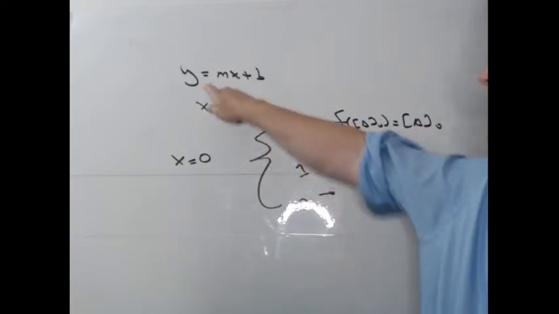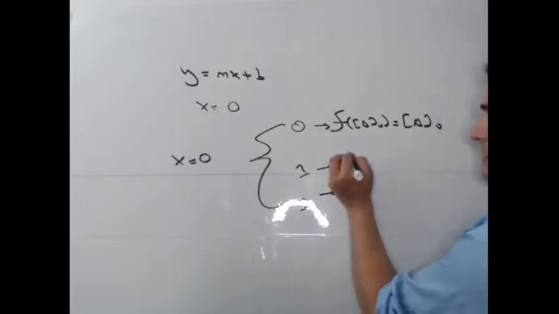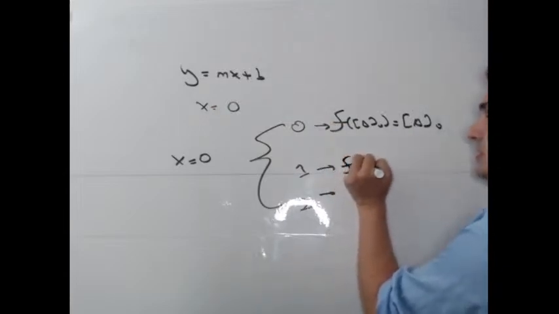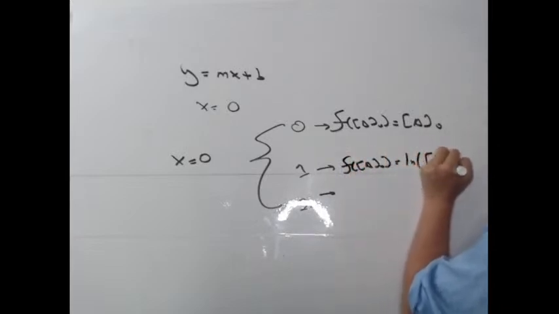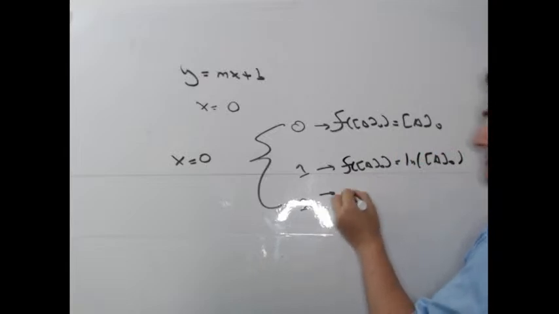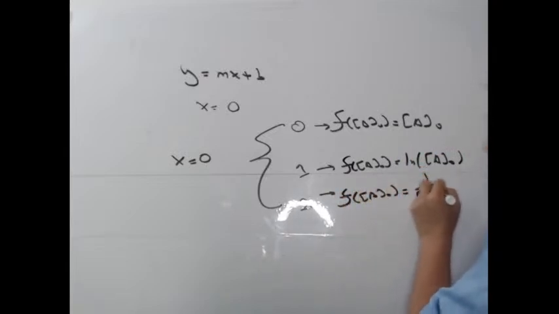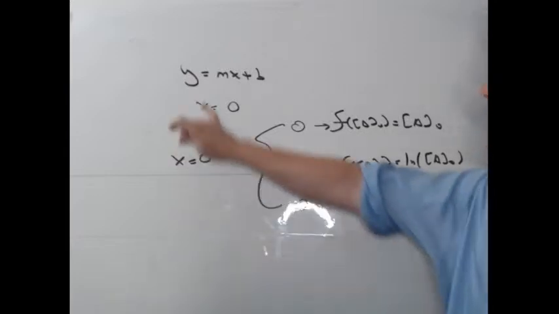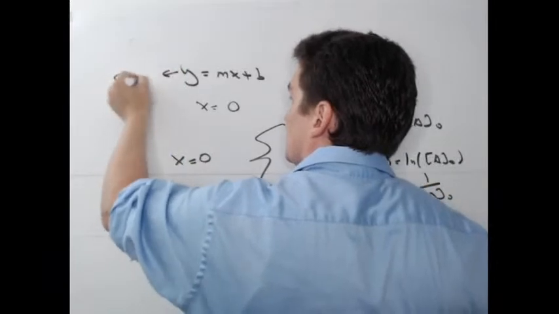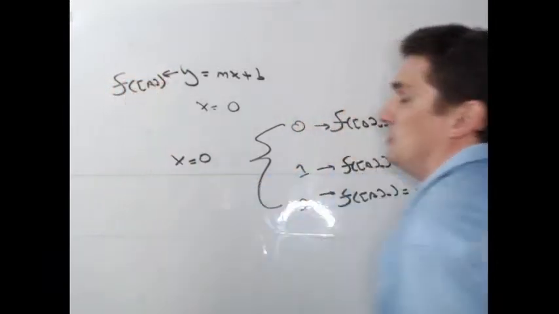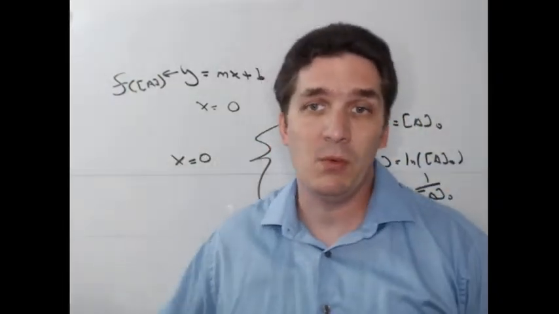So y here is just the starting concentration. For first order, y is the natural log of the starting concentration. For second order, it's 1 over. Because y here is not the starting concentration, it's a function of concentration. So in order to generate each of these plots, we had a different function for what y is.